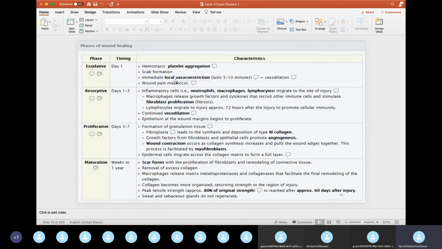So first, platelet aggregation, vasoconstriction, then vasodilation. We'll talk about this. Then you have inflammatory cells coming in, neutrophils, macrophages, lymphocytes. Then you have granulation tissue formation, type 3 first, okay? And then type 1 afterwards.